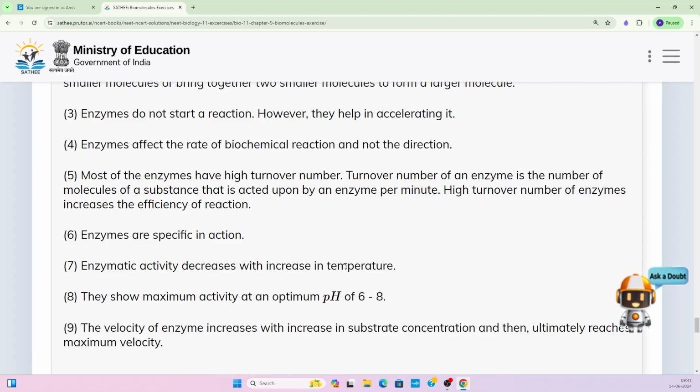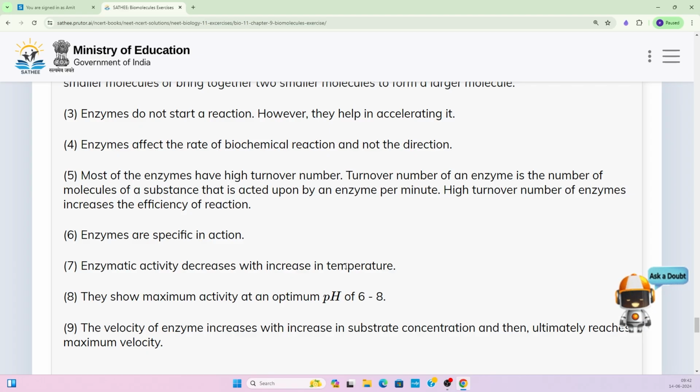Enzymatic activity decreases with the increase in temperature. When the temperature is increased, the activity of these enzymatic reactions goes down. They show maximum activity at an optimum pH of 6 to 8. So this is the pH at which generally the enzymes show their maximum activity, 6 to 8.